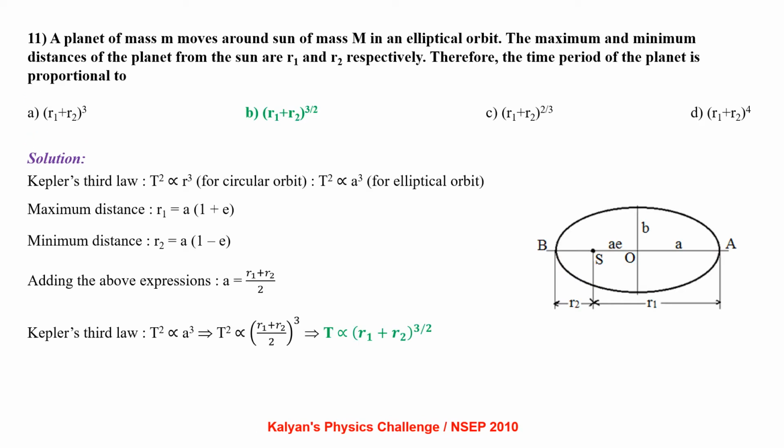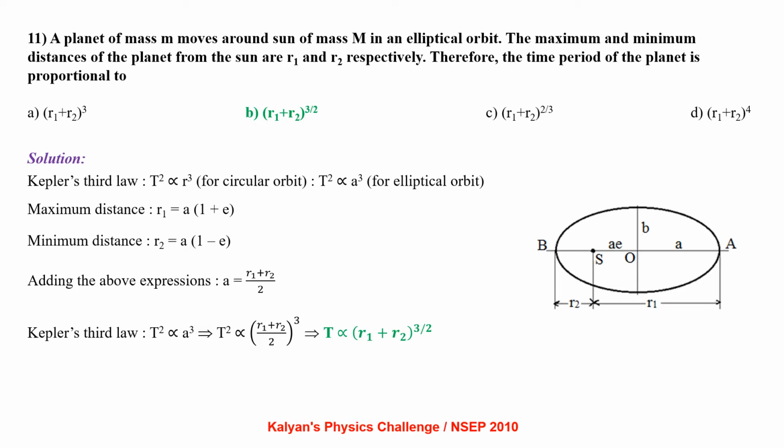A planet of mass m moves around Sun of mass capital M in an elliptical orbit. The maximum and minimum distances of the planet from the Sun are r1 and r2 respectively. Therefore, the time period of the planet is proportional to. Apply Kepler's third law. T square is proportional to r cube for circular orbit. So here T square is proportional to a cube for elliptical orbit.